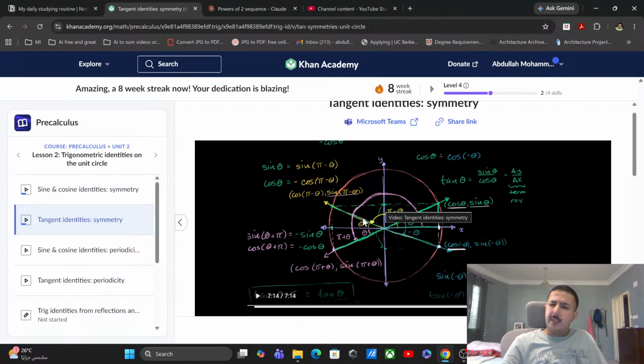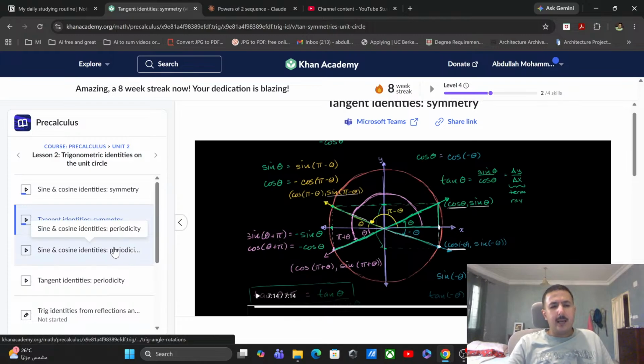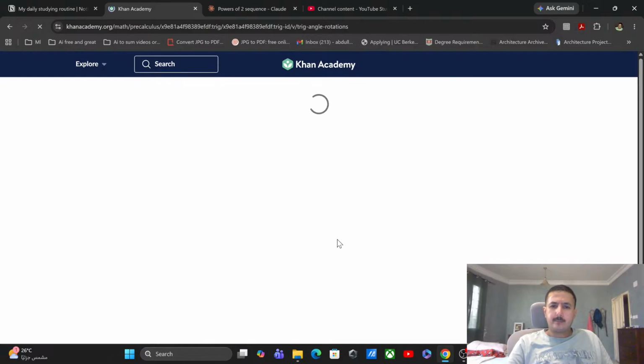So the y is negative, and the sine, which is the x, is positive. It's very confusing, but with practice you're going to get the hang of it. I am going to get the hang of it with practice.